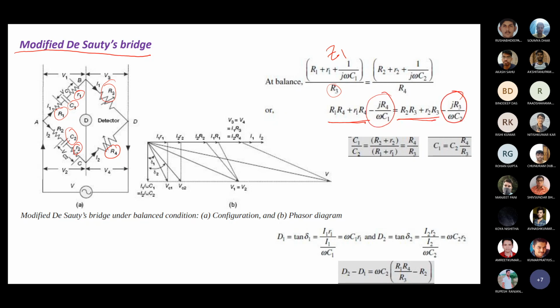From the imaginary component comparison you will get the value of C1, and from the comparison of the real components you get the value of R1. Here you see the modified Schering bridge configuration and phasor diagram, with anticlockwise rotation, and you are able to get tan delta 1 as well.